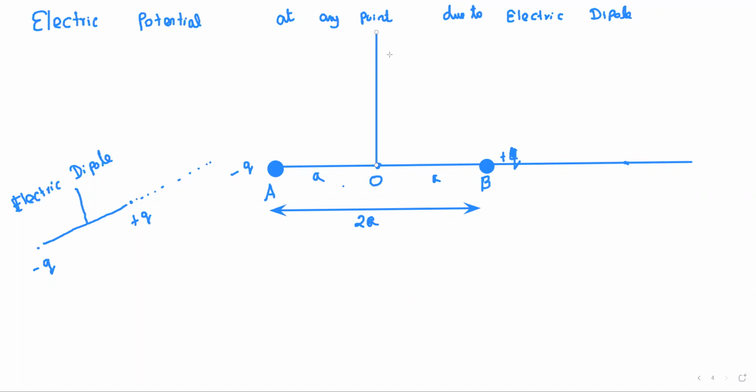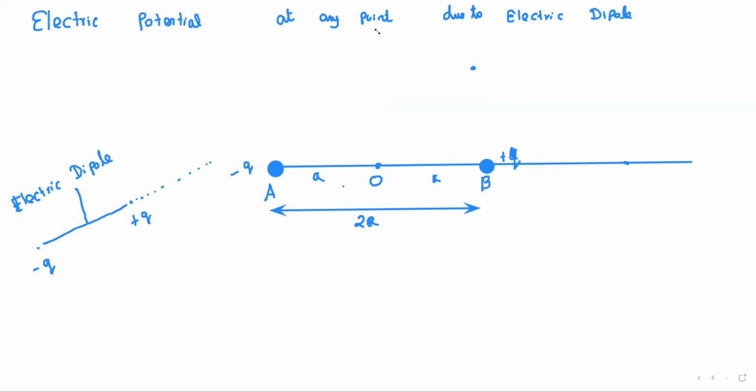Now the point can be taken anywhere surrounding the electric dipole. You need not take a point on the axial line or on the equatorial line. You just take a common point.